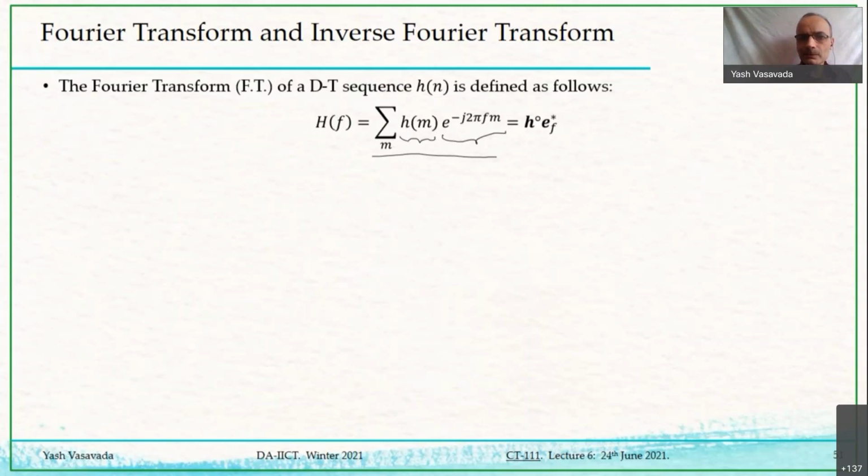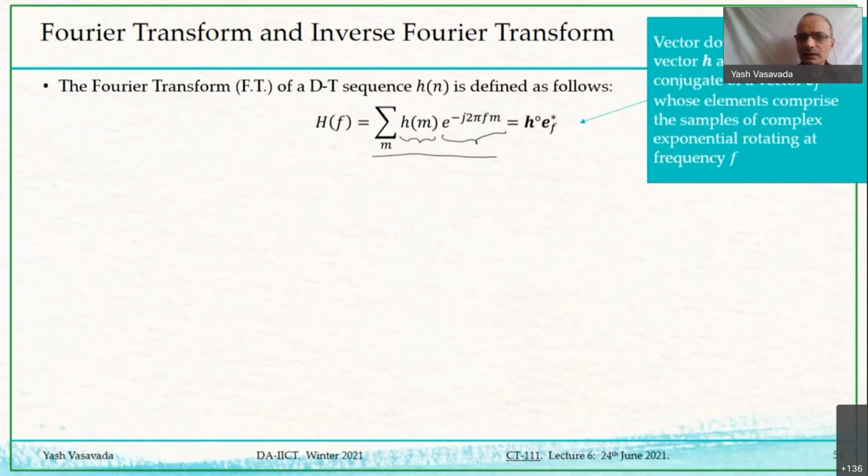This summation can also be written as a vector dot product. This circle means dot product. So effectively, when we compute this Fourier transform, we are taking the dot product of the vector h, the actual sequence whose Fourier transform is being taken, with a vector E of f complex conjugate.